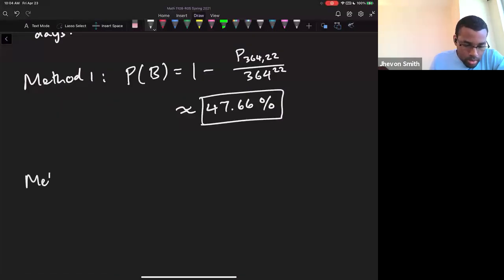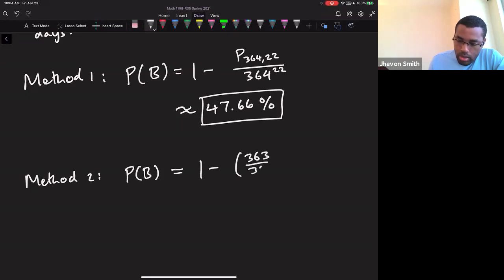And method 2 is that the probability of B would be 1 minus 363 over 364 to the 22 choose 2.